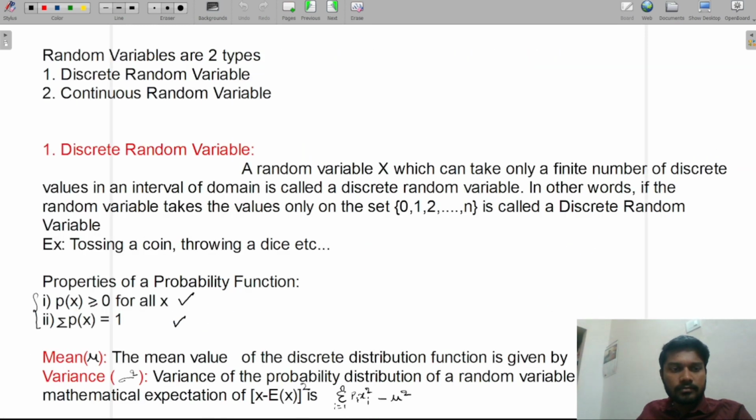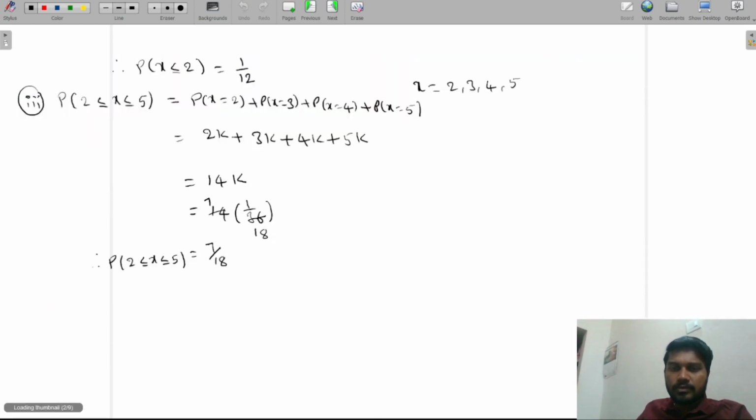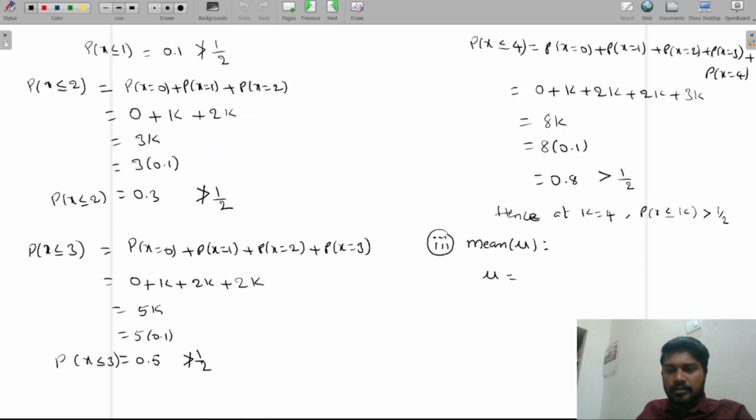See, what is the formula of mean? Summation pi into xi is the formula. Yes or no? So summation pi into xi. What does this mean?